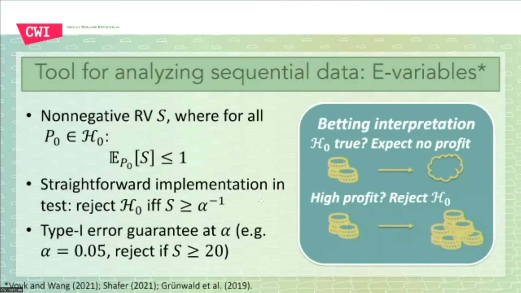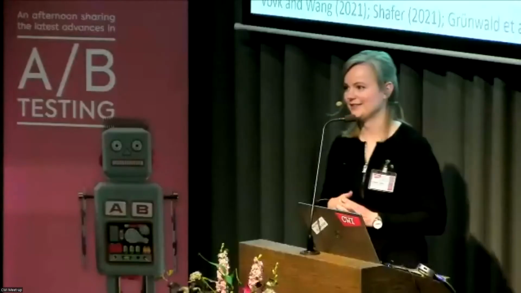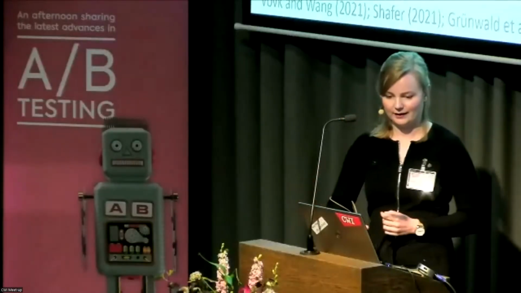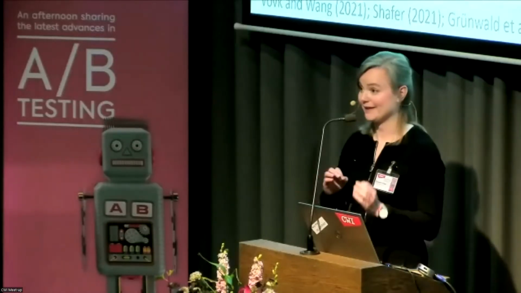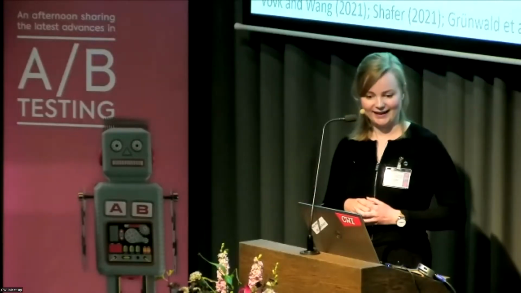So we want to do this sequential research, and the tool that we choose to use for this are E-variables. E-variables have been around for a long time, I think since the 1960s already, but recently they've had a surprising revival, and several research groups, among these 3, among others, have been working on them apart from each other at the same time.